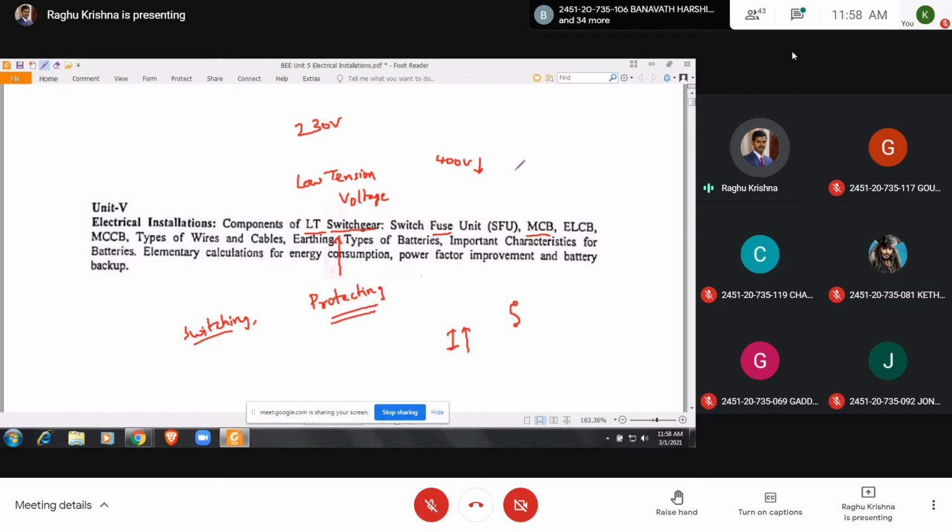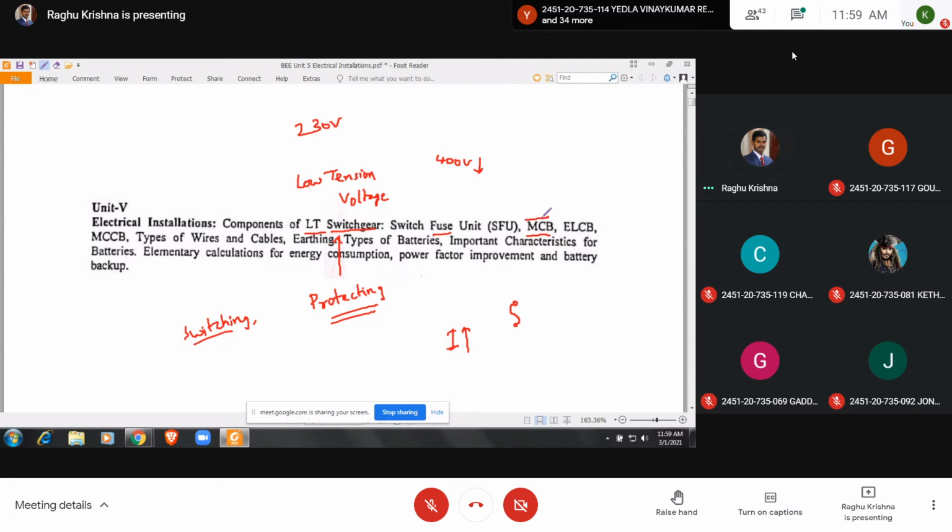Now coming to the MCB. MCB means miniature circuit breaker. We are going to study MCB in detail. Circuit breaker means it can close the contacts and it can open the contacts. So when an overcurrent occurs, the circuit breaker contacts open and the supply will be interrupted.